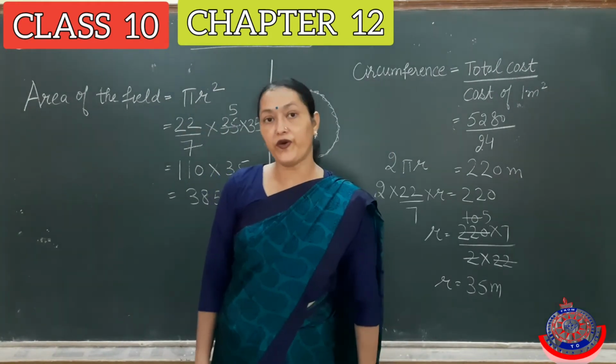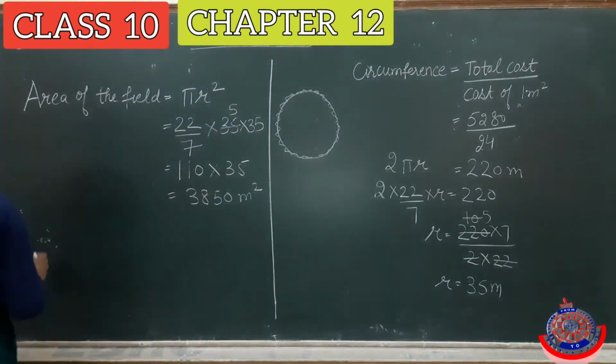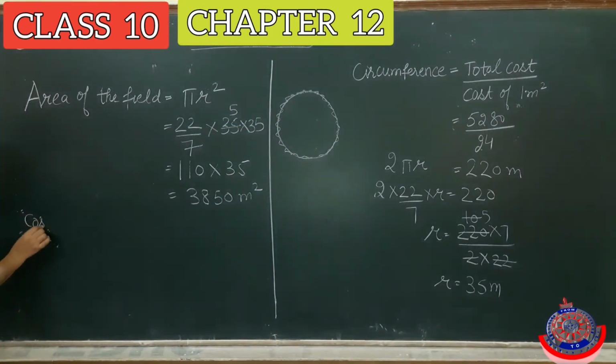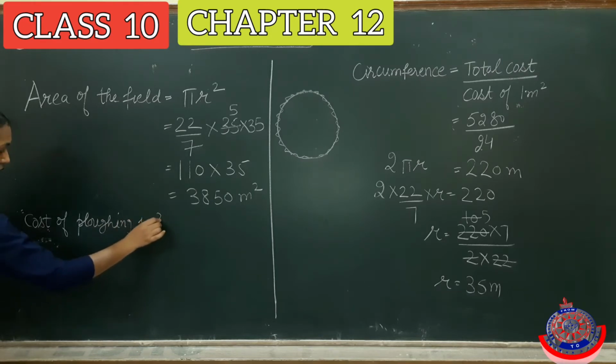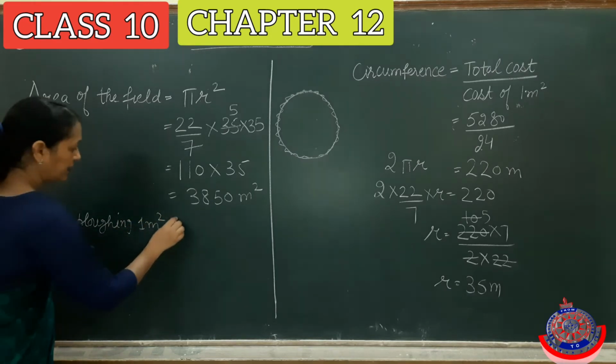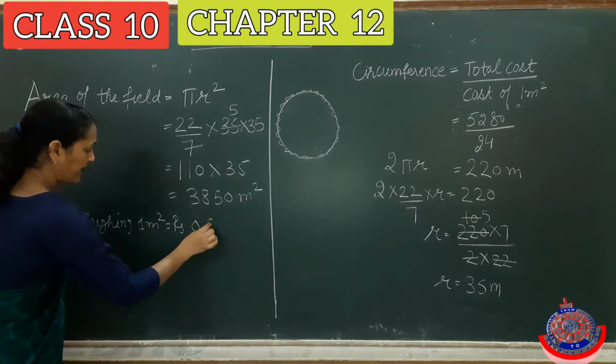So cost of plowing 1 meter square of the circular field is given as rupees 0.50.